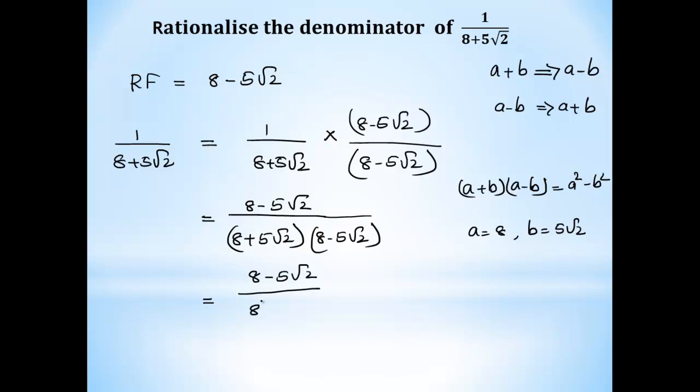So we write 8 square minus b, which is 5 root 2, the whole square. The numerator is as it is, 8 minus 5 root 2, divided by 8 square, which is 64, minus 5 root 2 the whole square.